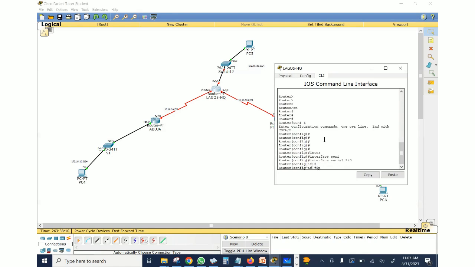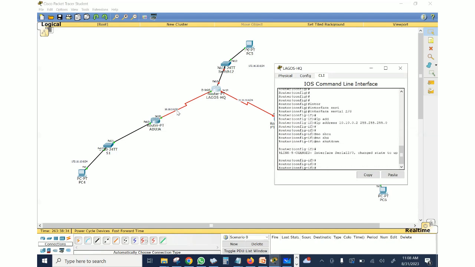So IP address will be 10.10.0.2/24. Okay. No shutdown too.